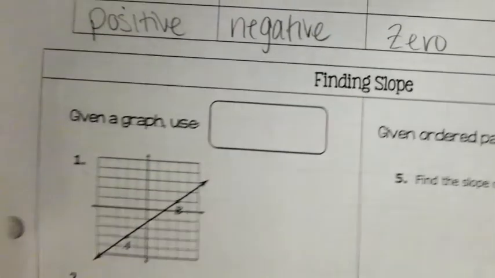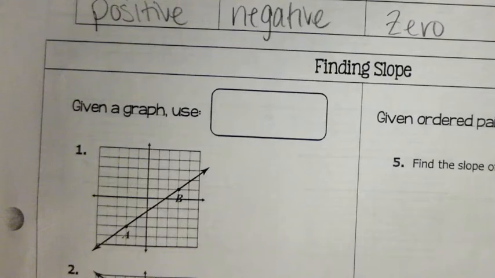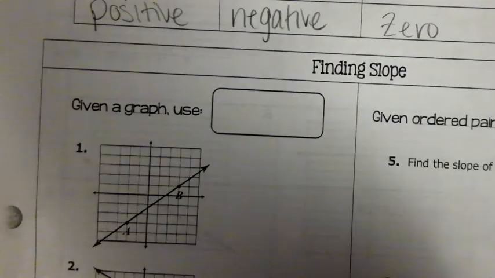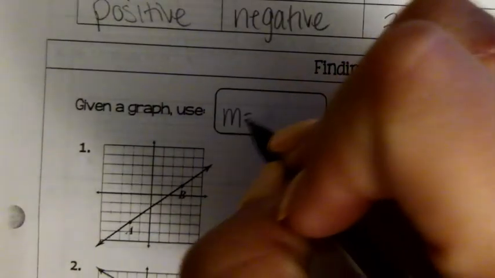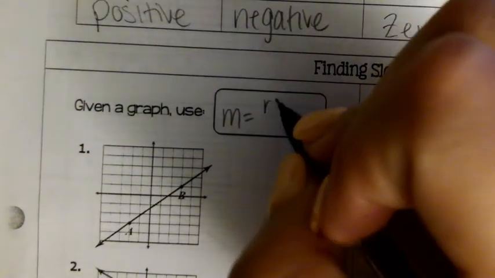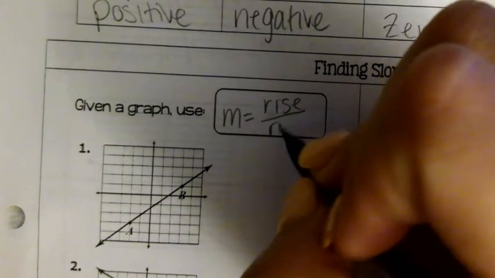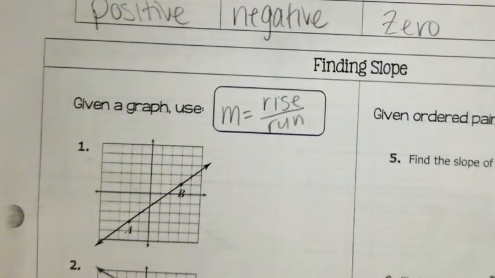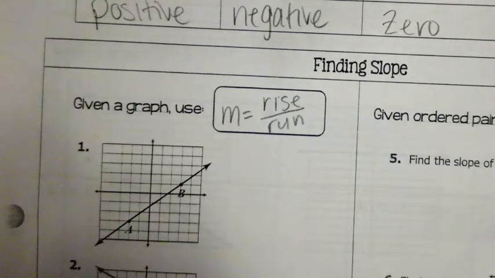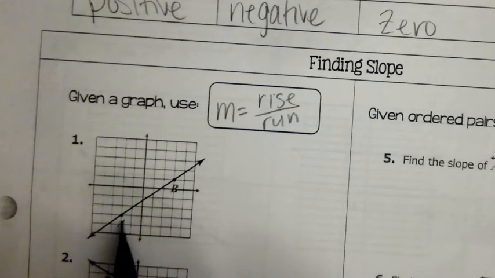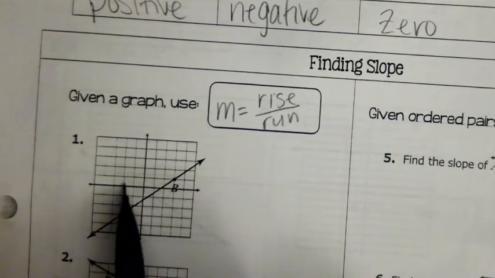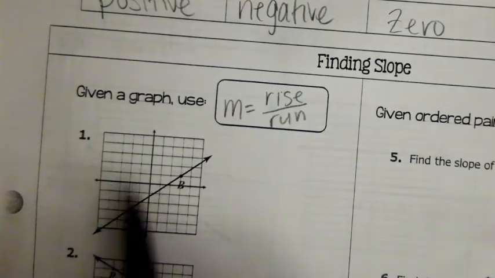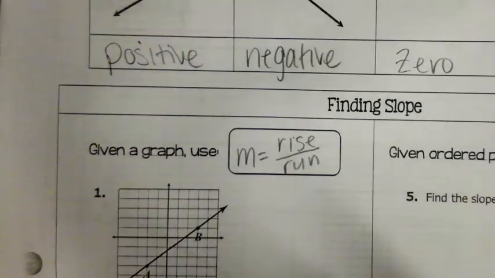So we can determine the slope of a graph, or the slope of 2 points. To find the slope, remember we refer to slope as m, we can do rise over run. For number 1, we're going to start at point A and count the blocks up to give us our rise, and then count how many blocks over for our run.